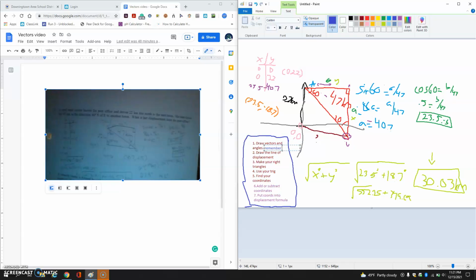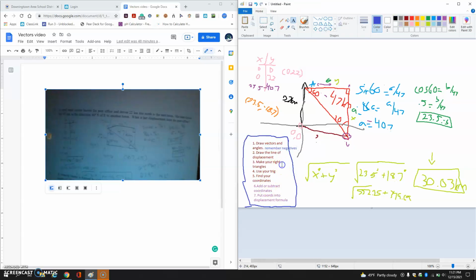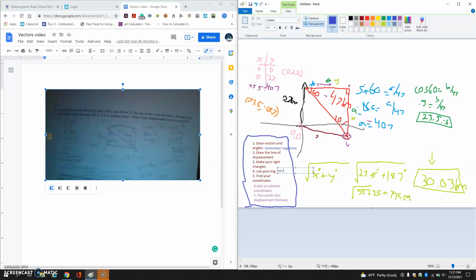Draw angles and vectors, and draw the line of displacement. That's just connecting the tip of the last one to the tail of the first one to make your triangle. Make your right triangles. Use your trig, sine, cosine, tangent, in the triangle.